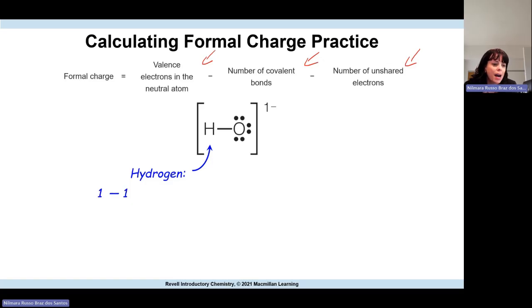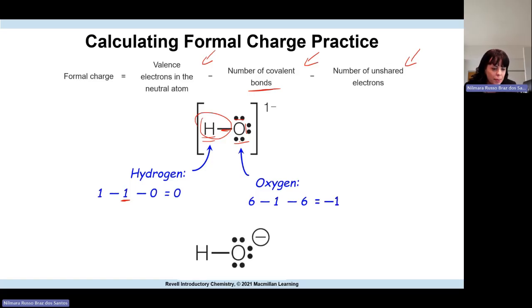So I have 1 valence electron minus 1 bond minus 0 because we don't have unshared electrons over here, right? So it will be 0. If you go to oxygen, we have 6 valence electrons minus 1 bond minus 6, like 1, 2, 3, 4, 5, 6 unshared electrons. So the charge is located on the oxygen over there.